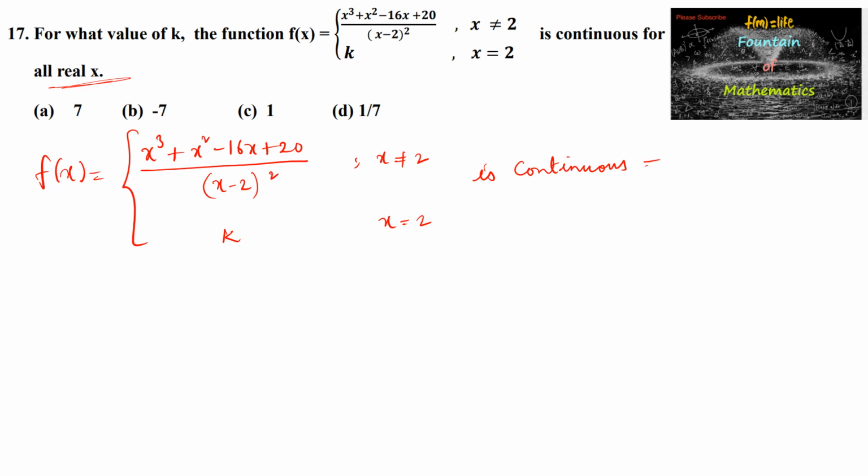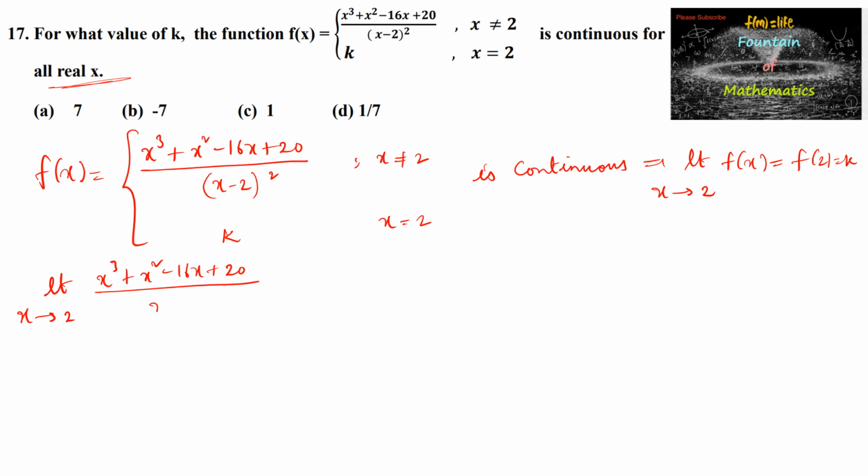we can say that limit x tends to 2 of f of x is equal to the functional value, that is f of 2, which is equal to k. So let us find the limit value of the function at x equal to 2. Limit x tends to 2 of x power 3 plus x square minus 16x plus 20 upon x minus 2 whole square.